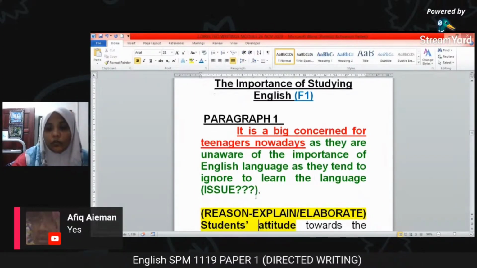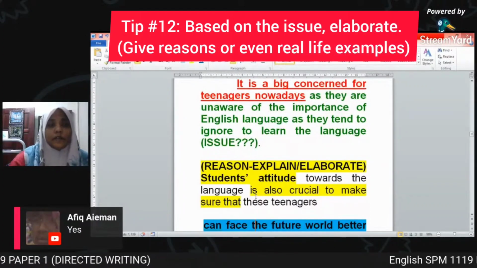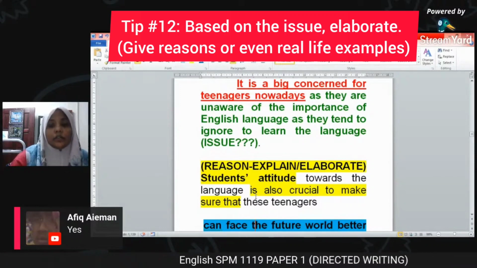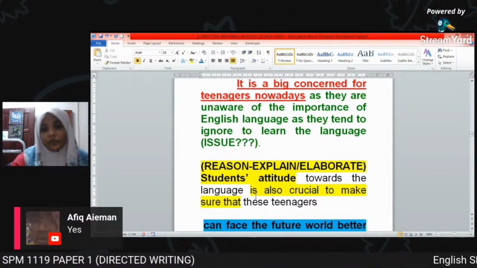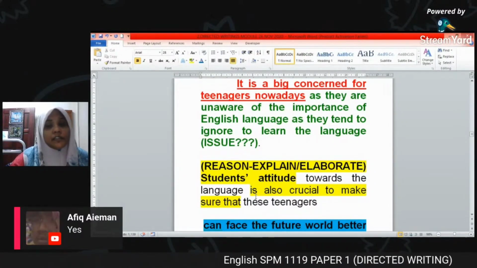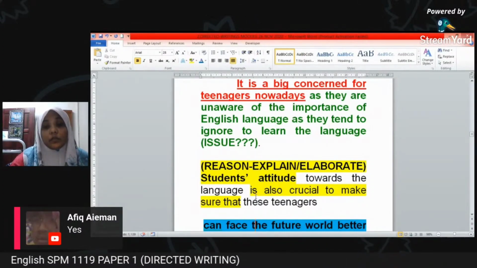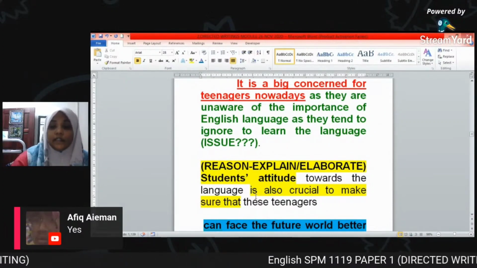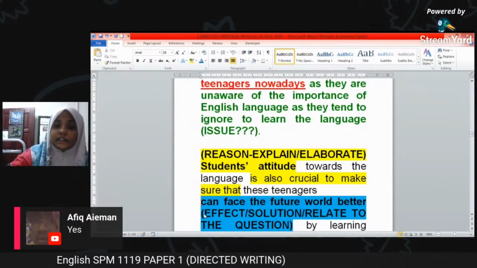Then after that, you elaborate. It can be in terms of reasons, or you can explain. Who is facing this issue? Students. Why? Because of their attitude. So, students' attitude towards the language is also crucial to make sure that these teenagers can face the future world better.